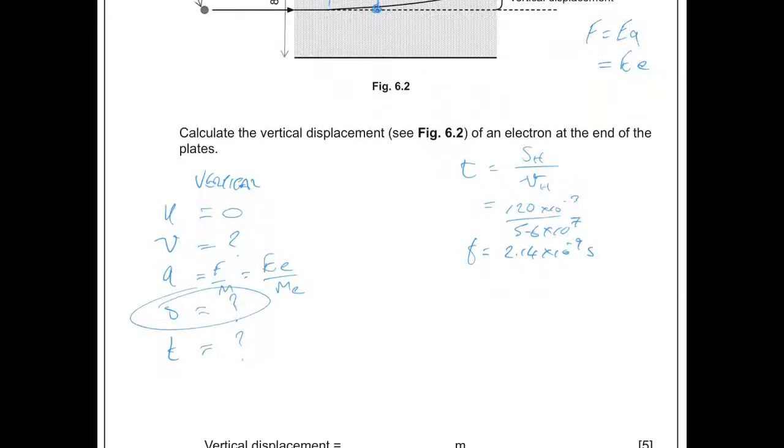Now for a parallel plate system, this E can be got by dividing the voltage by the distance between the plates.